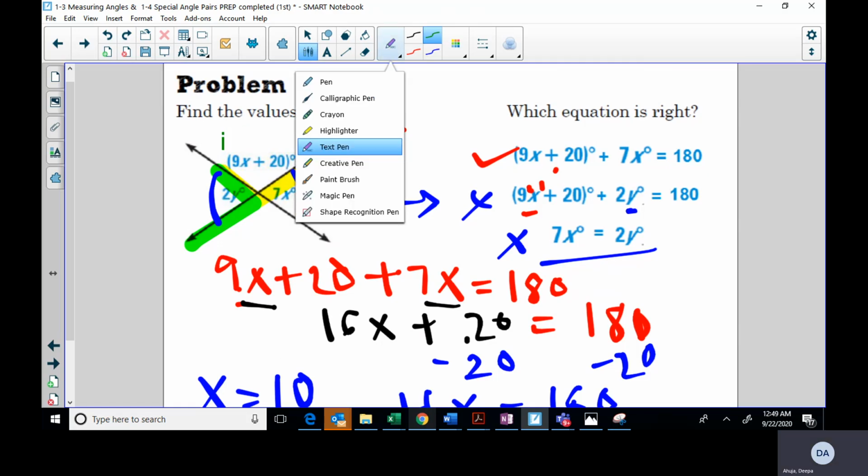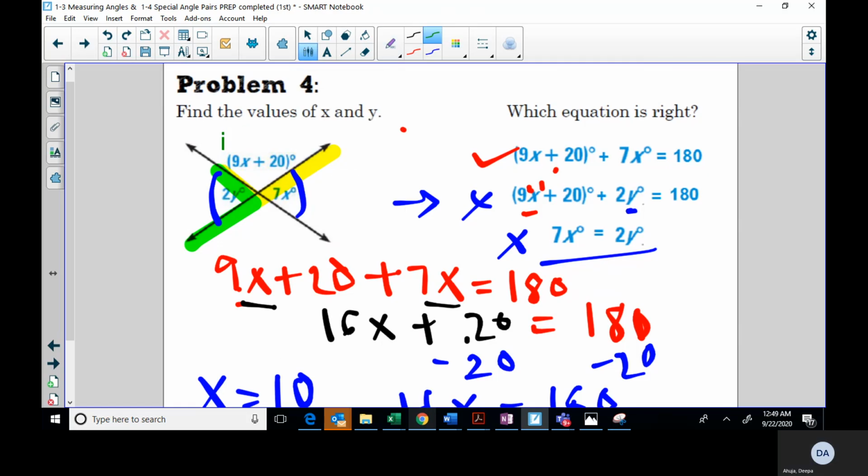Nine times 10 plus 20 when you solve for x. 90 plus 20, that will be 110.